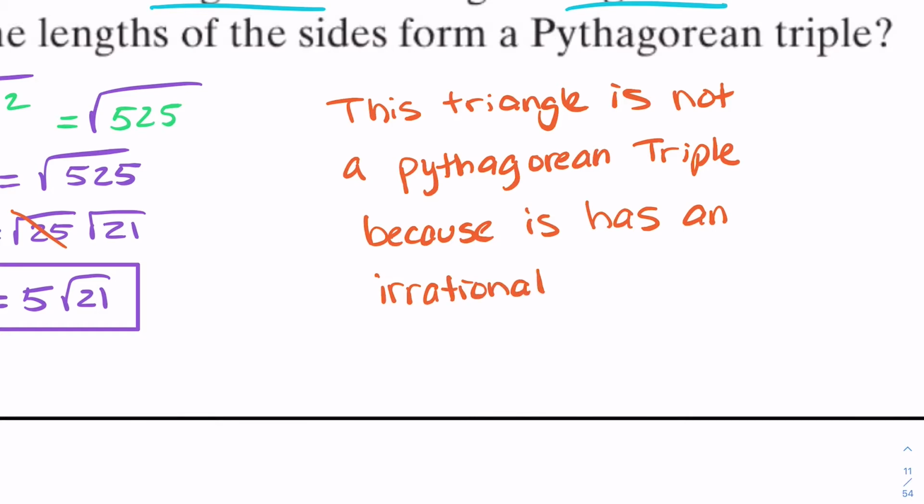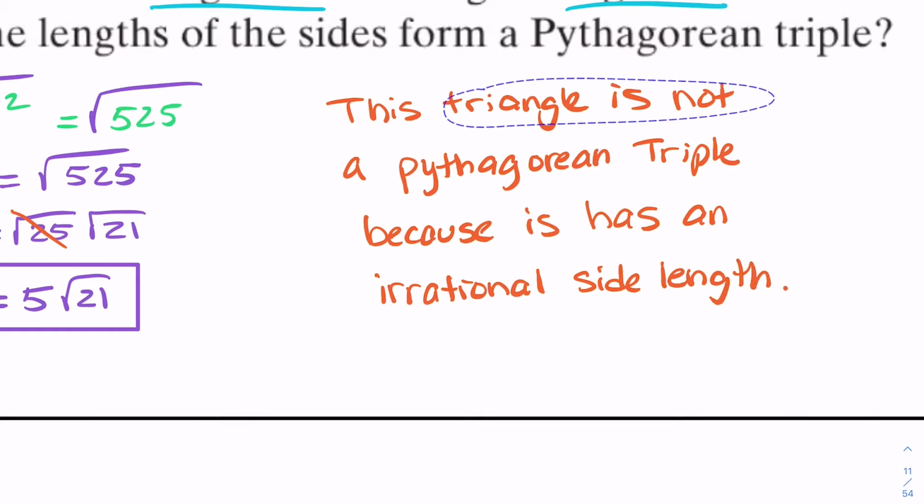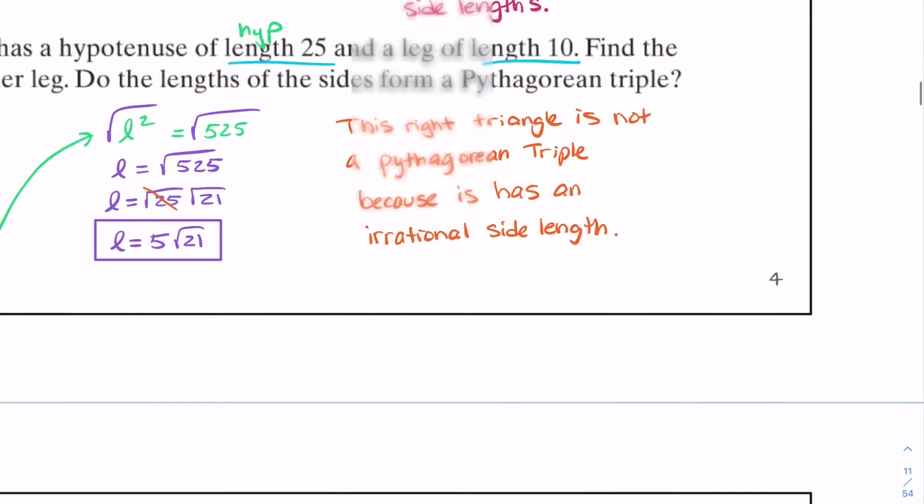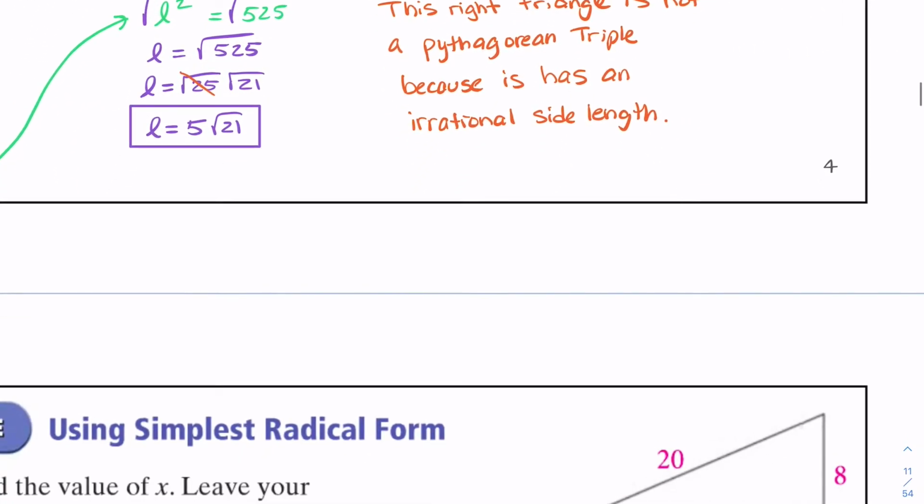That's what the radical does. It's irrational. It goes on forever. It's an irrational side length. And you know what? I really should say this right triangle, because it is a right triangle. It just has an irrational side length.